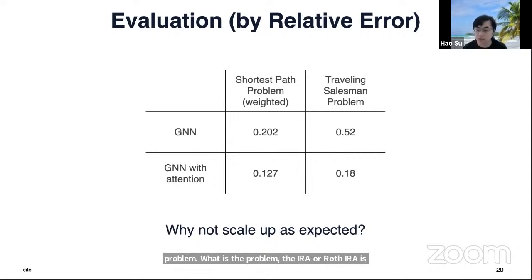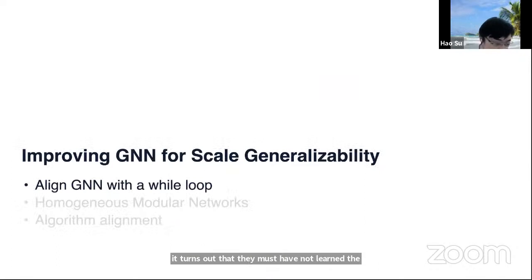With a certain kind of attention, the graph neural network performance could improve. So there's a question: why don't they scale up as expected? It turns out that they must have not learned the underlying algorithm, or even if they have learned the structural control flow, something is preventing them from performing well.